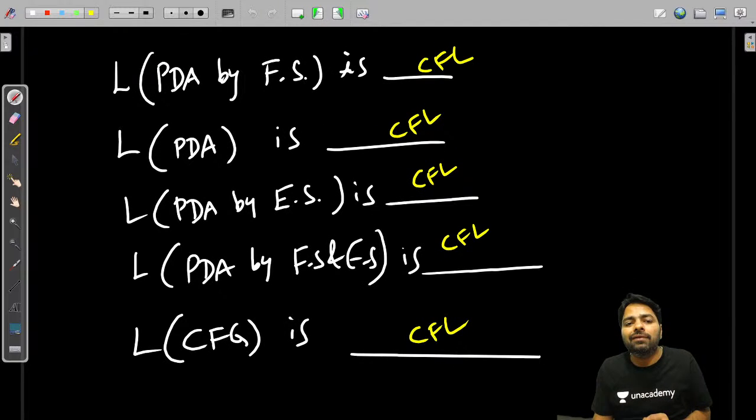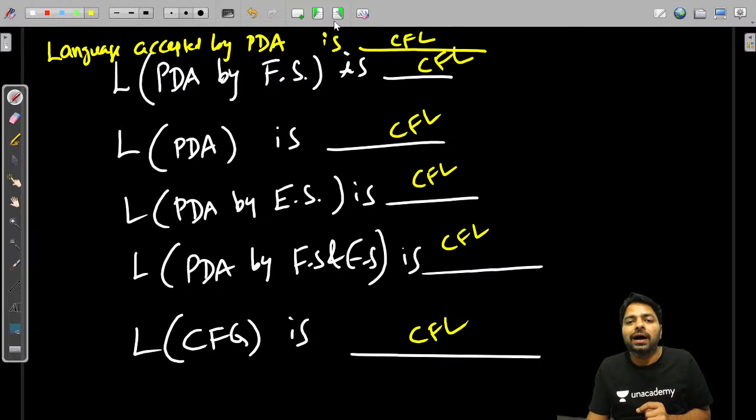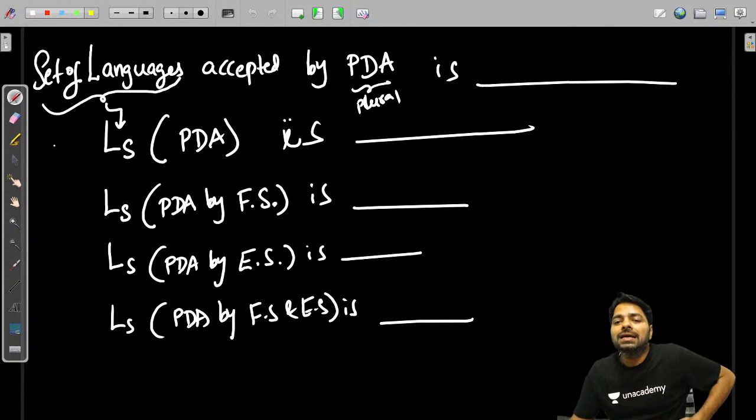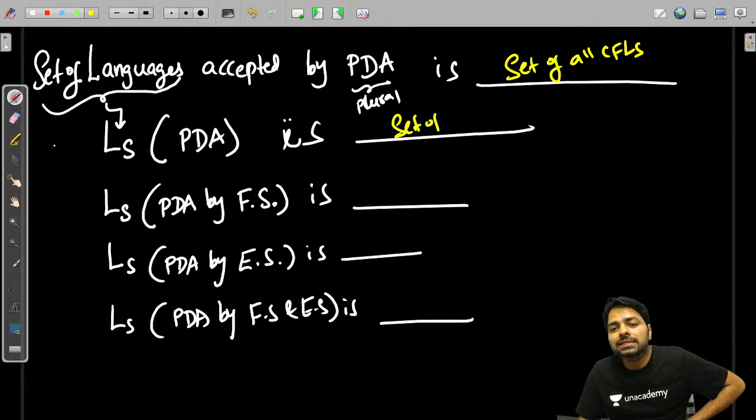This is language accepted by PDA. Language accepted by PDA is different, it is a CFL. And this one, set of languages accepted by PDA, is called the set of all CFLs, not a single CFL. These all are the set of all CFLs.